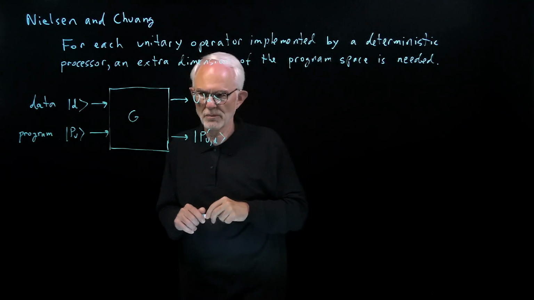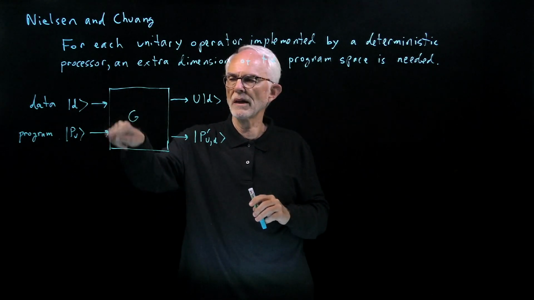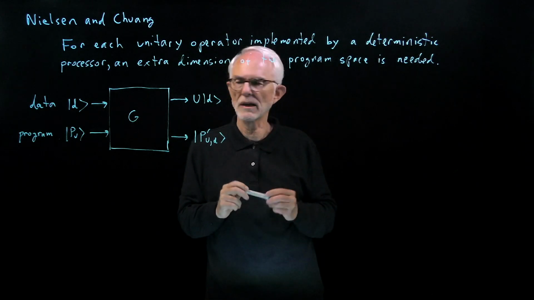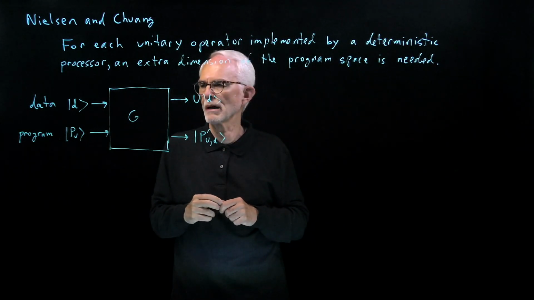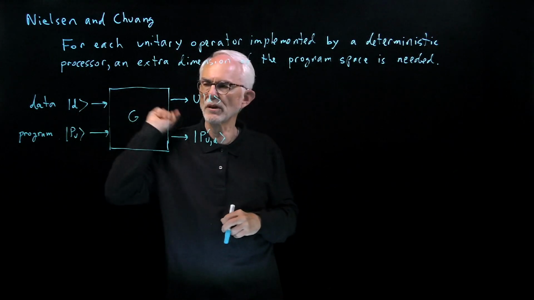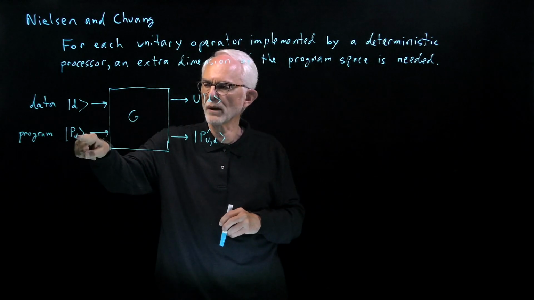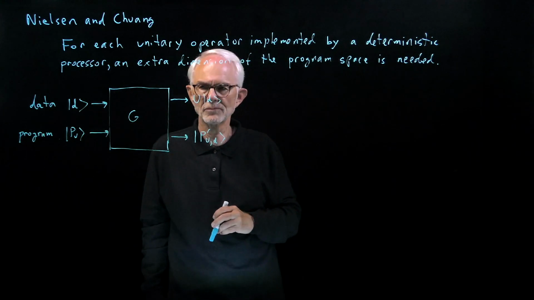So the basic setup here is the following. Here's my processor. It's one big giant unitary operator, so I'm going to call it G. And then I have 2 inputs and 2 outputs. The data input is the thing I want to operate on. The program input is going to tell it what to apply to the data.